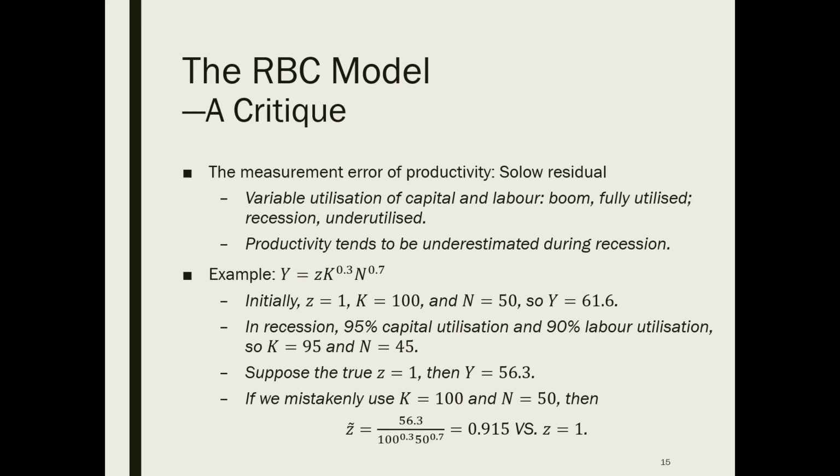Even if the true productivity is still equal to 1, the estimated productivity using the Solow residual and the output would be equal to 0.915, resulting in an underestimation of the productivity, whose true value is actually equal to 1. To summarize, the explanation power of the RBC model may be illusionary due to the biased estimation of the productivity.